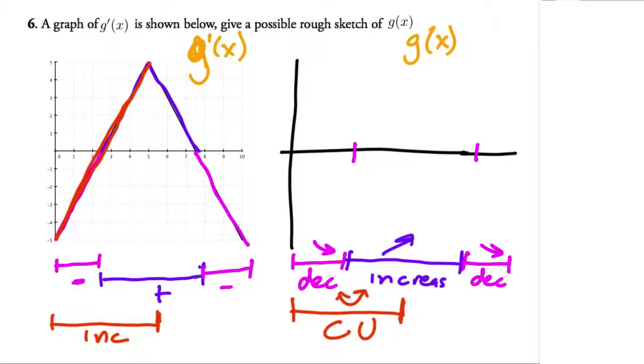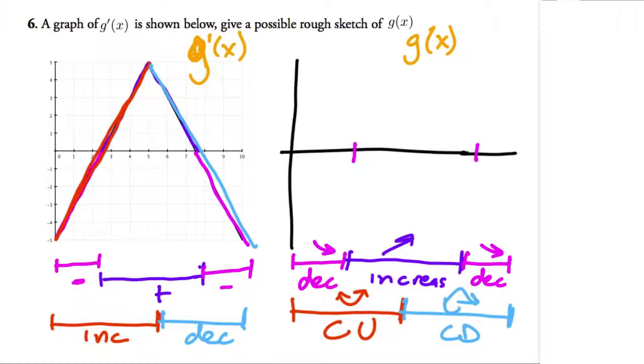So it has to look like that. And then for this last section right here, it's decreasing. So that means that for this section, the original function would have to be concave down. And so then, that's pretty much all we needed to know.